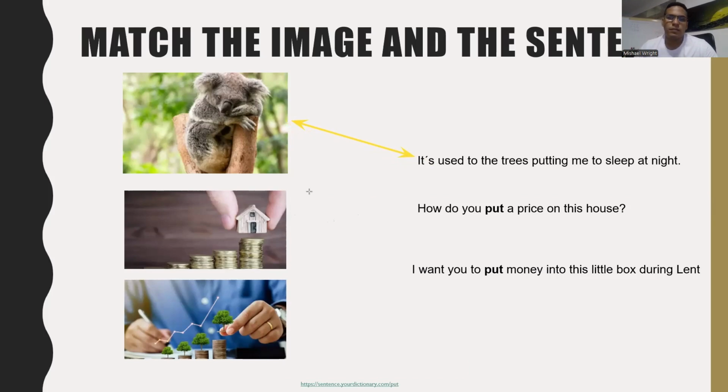How do you put a price on this house? What would be in this case? Put. Okay. And this, I want you to put money into this little box during Lent. This one, right? Okay, it was really easy. They were like in a straight direction, but just to change, because most of the times they are crossed, no? So in this case, it's not.